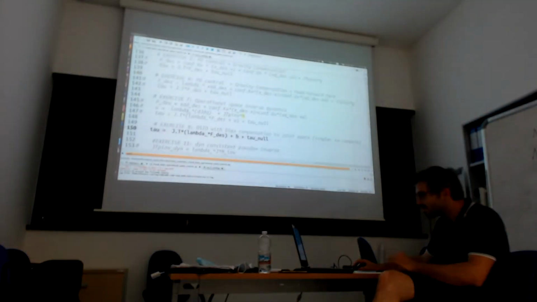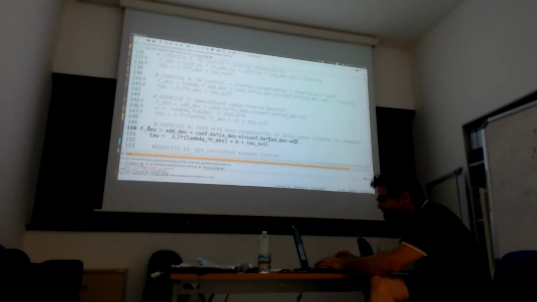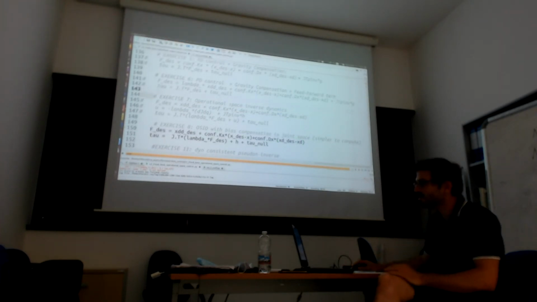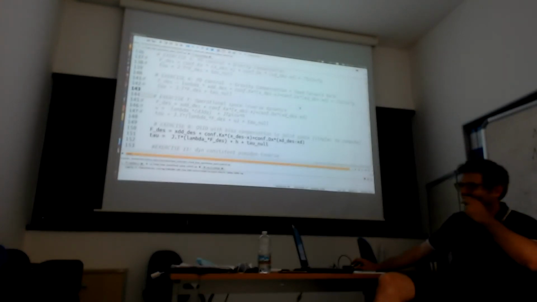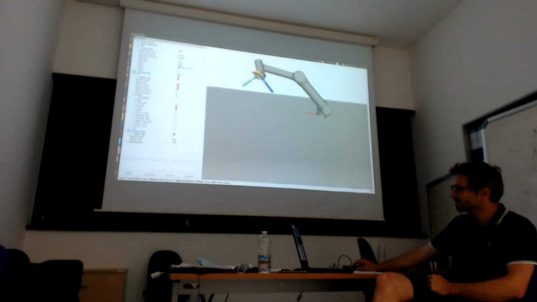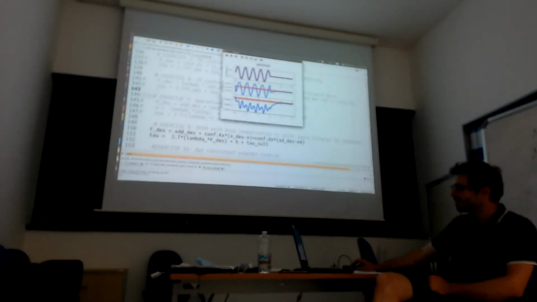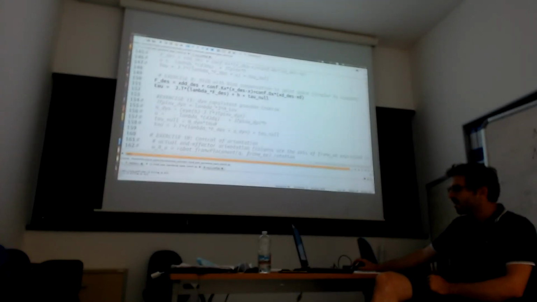I need f dash, yes. So this is a hybrid case. It gives a slightly different result, but I mean it should be okay.